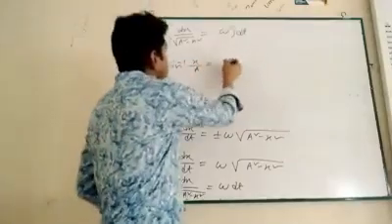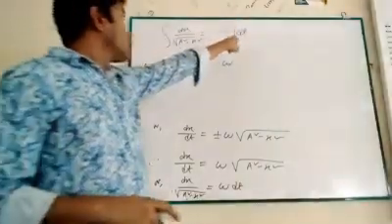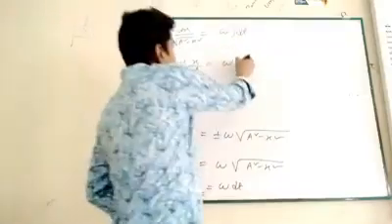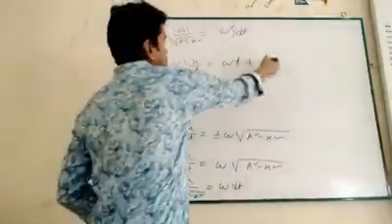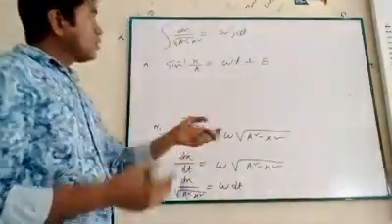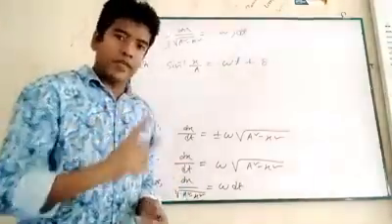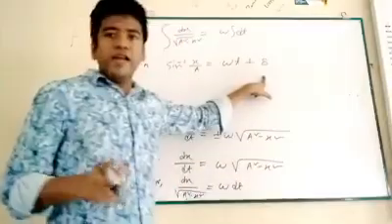So sin inverse x by a equal to ω, and we know the integration of dx equal to x. So integration of dt will be t and a constant. That time we will take constant delta because we have already taken c.